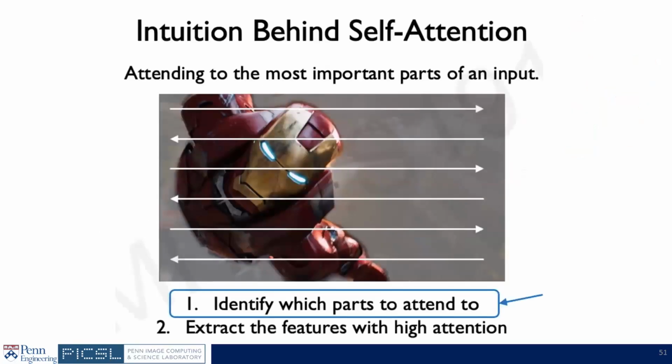And again, I don't have to tell you what attention means, but just to illustrate it again, if you want to segment this particular Iron Man, how a neural network looks into segmentation of this particular foreground object is basically you have to attend to all the different pixels and voxels in your image, right?